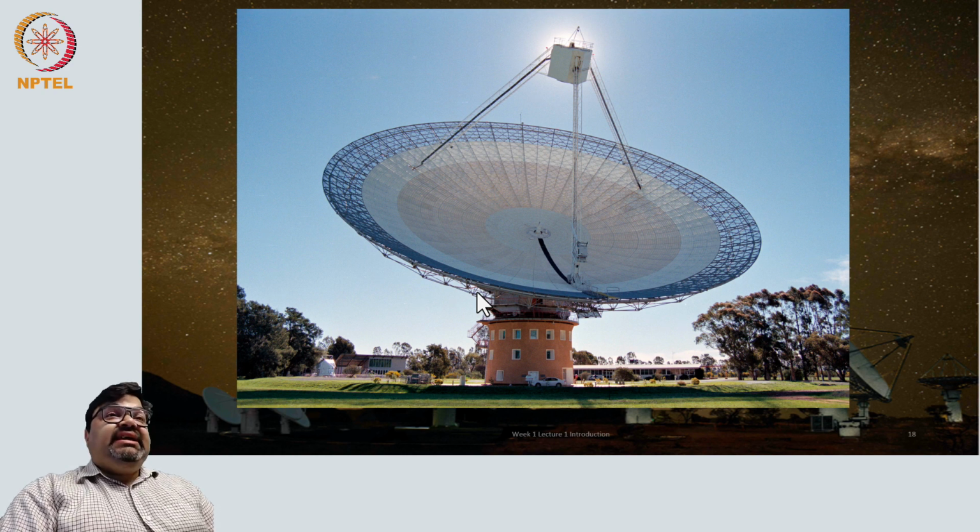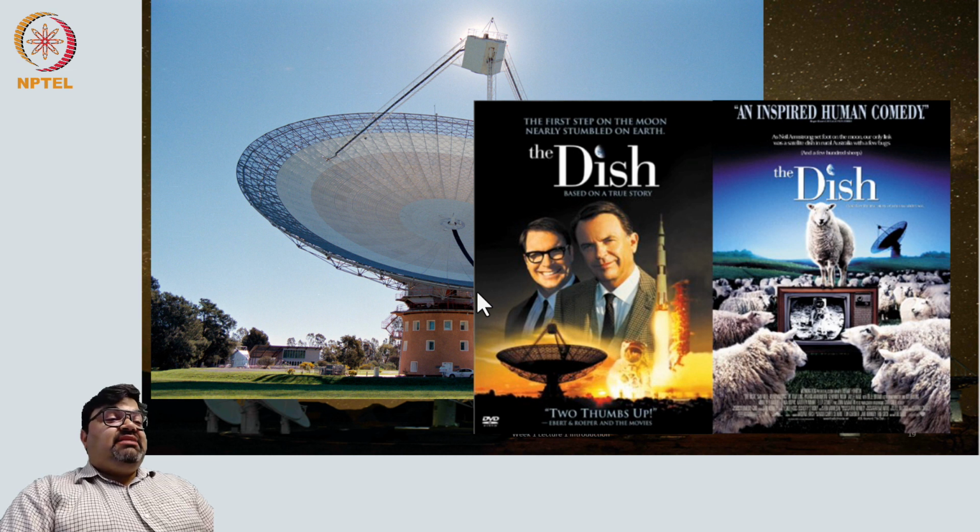And so these are really engineering marvels. And something which is state-of-the-art also attracts the movies. So this was one of the movies made surrounding this particular dish, also named The Dish, of the Parkes.